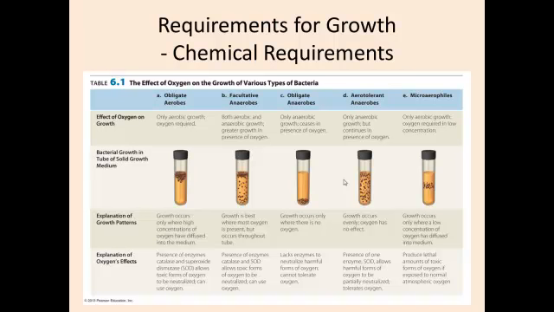Some organisms do not have electron transport chains, and oxygen can actually be toxic to them. So let's talk about the different oxygen requirements of various bacteria and how we tell. Now, these tubes, if we haven't dealt with them in lab yet, we will be. These are called reducing media. This is media that takes oxygen out of the broth and turns it into water, basically.